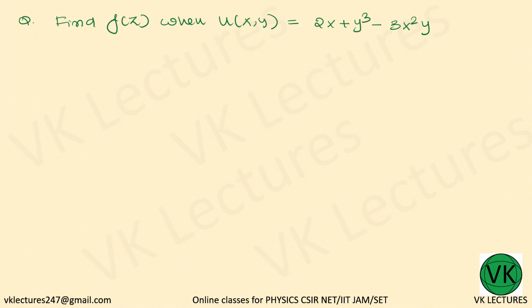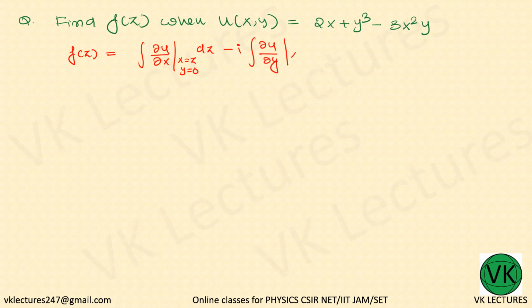Find f of z when u of x comma y is given, that is 2x plus y cube minus 3x square y. Now let's write down the formula. F of z equal to the integral of dou u by dou x at x equal to z and y equal to 0 times dz, minus i into dou u by dou y at x equal to z and y equal to 0 dz.